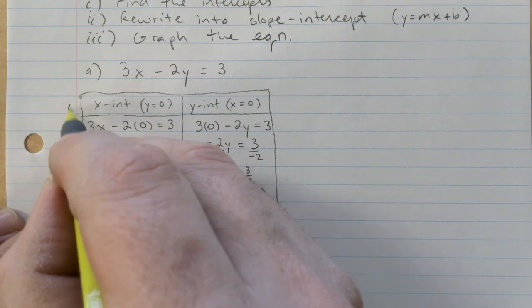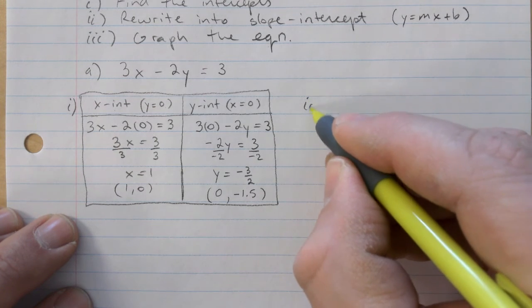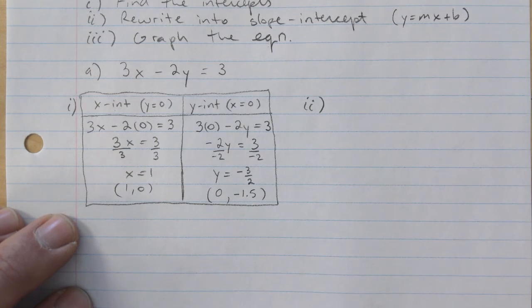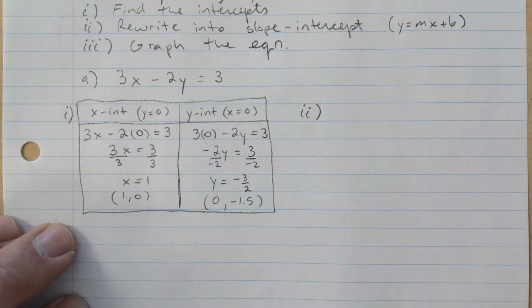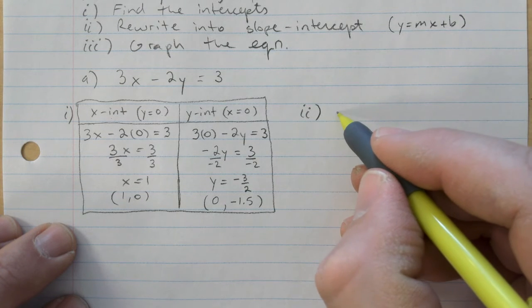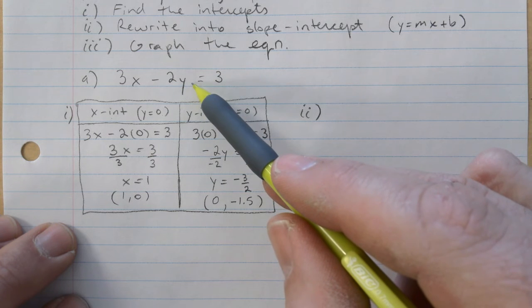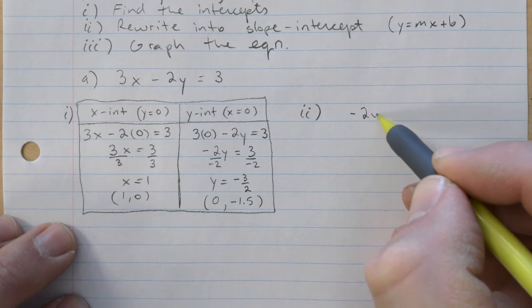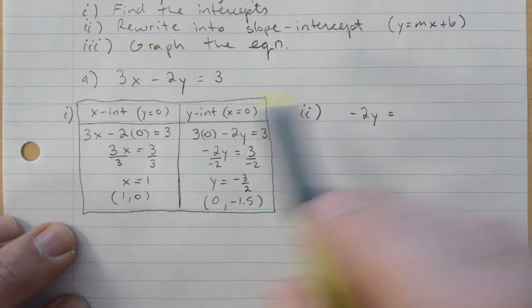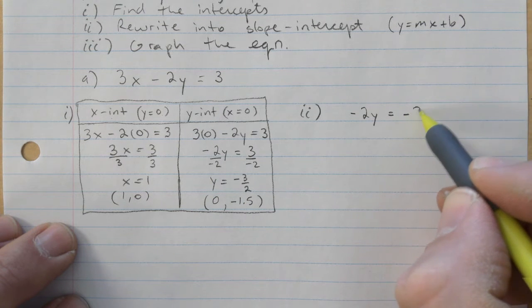So this would be I, right? Double I is asking me to rewrite. So I'm just going straight from this, okay? I'm jumping from the original to here. And so I will automatically bring the 3x over, and that'll be reflected here.